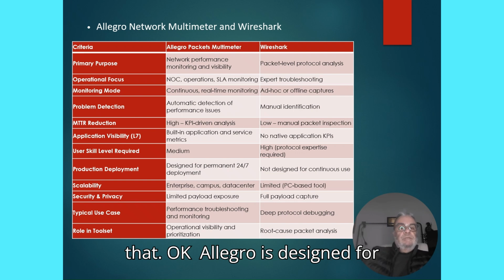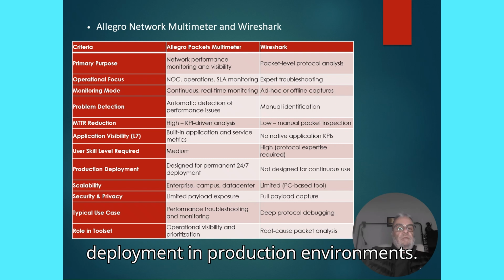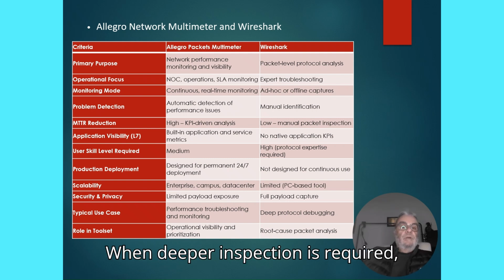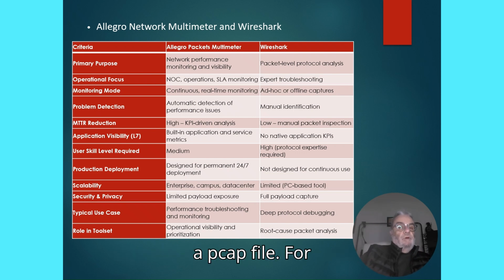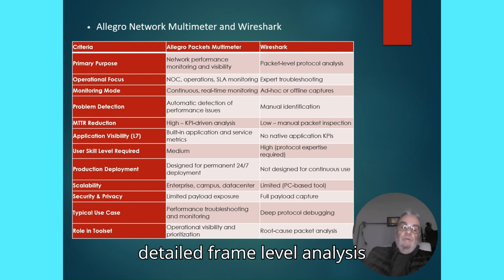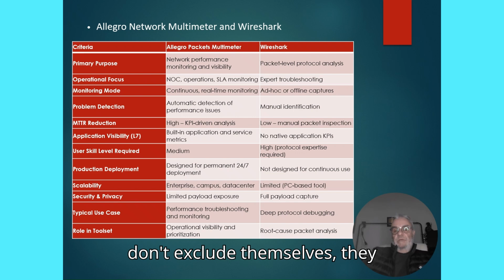Okay, Allegro is designed for medium skill users and for permanent deployment in production environments. When deeper inspection is required, captured traffic can be exported as a PCAP file for detailed frame level analysis in Wireshark. So they don't exclude themselves, they complement themselves. Okay?